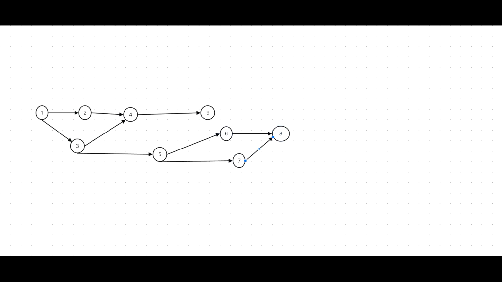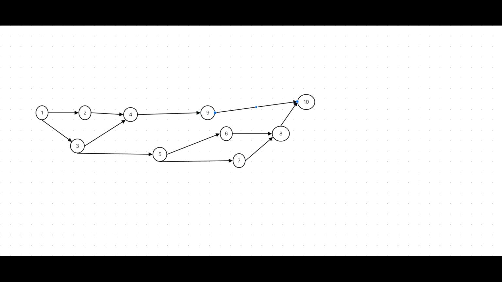Then 8, 10, 9, 10. 8, 10. 9, 10. Let's do another arrow. Now we complete. That's how you should make the network diagram for this exam.